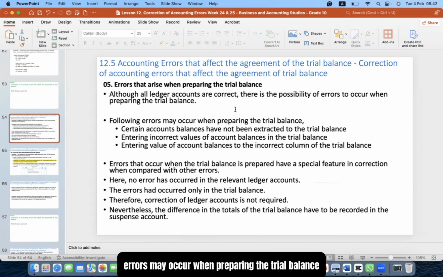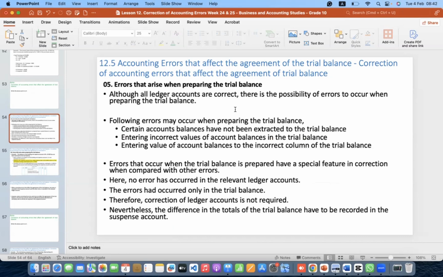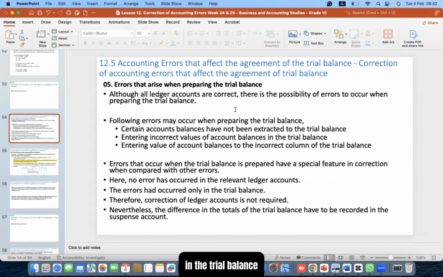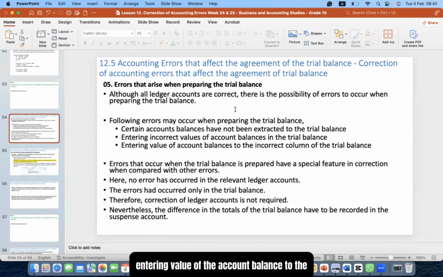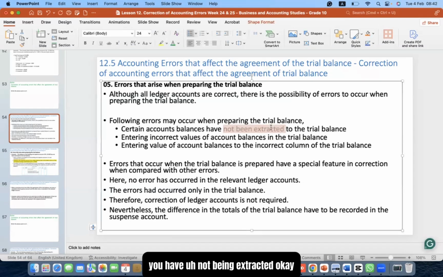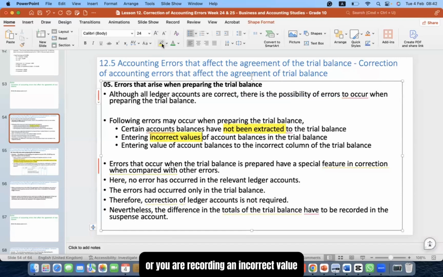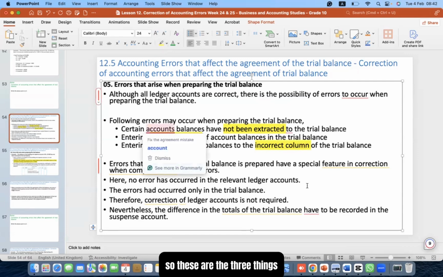The following errors may occur: certain account balances have not been extracted to the trial balance, an incorrect value of an account balance is entered in the trial balance, or the value of an account balance is entered in the incorrect column. So these are the three things.